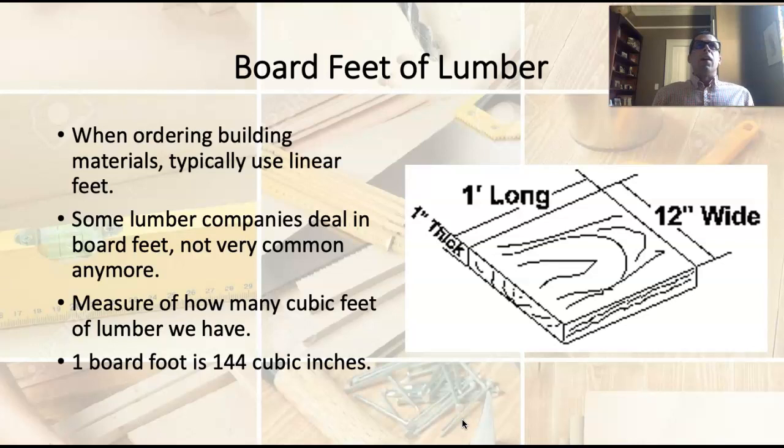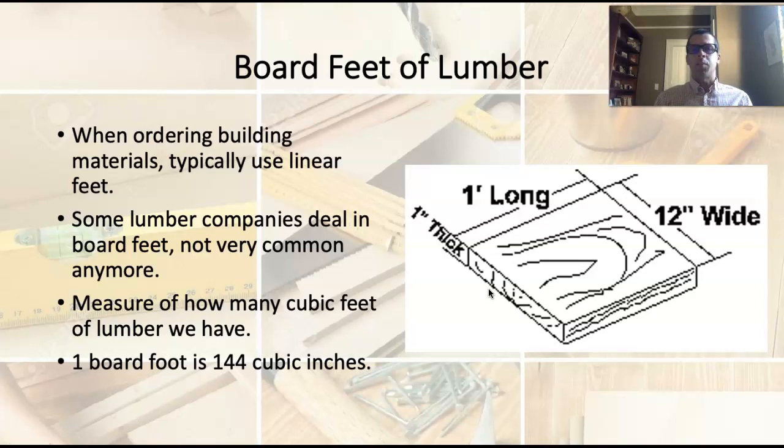Okay, and if we talk about board feet of lumber, we're talking about the cubic volume of a piece of wood. One board foot of lumber can be represented by a piece of wood that is 12 inches wide, 12 inches long, and 1 inch thick. That equals one board foot.